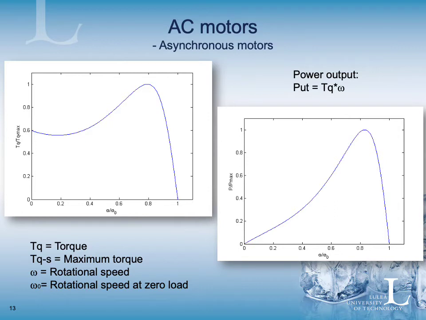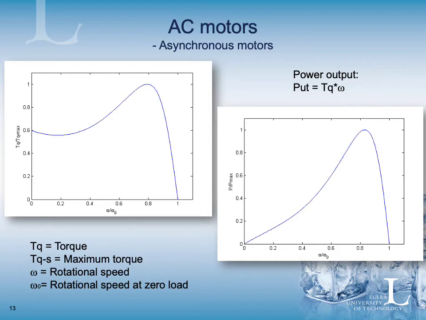So if the maximum speed of the motor is 1000 RPM, you will have the maximum torque at 800 RPM. And then if it's getting lower and lower from that, you also lose some torque, but you see that it will never go below around 60% of the maximum torque.